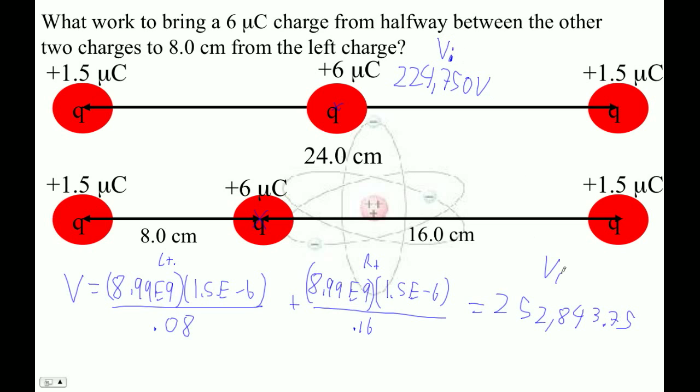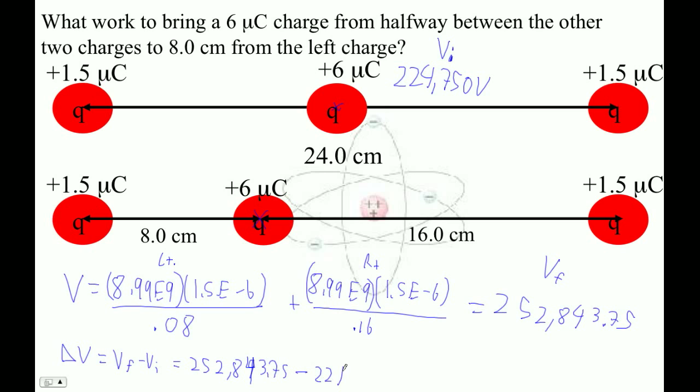This is our final voltage, right? The change in voltage is final minus initial, is V final minus V initial. So that's 250,843.75. That's a 4.